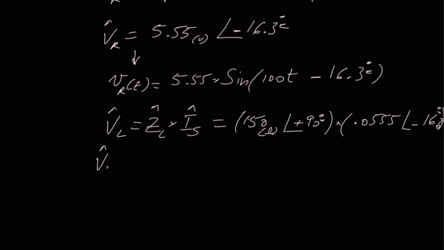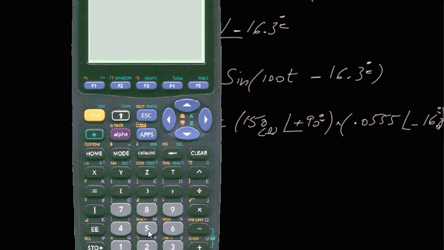So this would be VL, 150 times 0.0555. I'm going to turn on this thing. Clear everything.